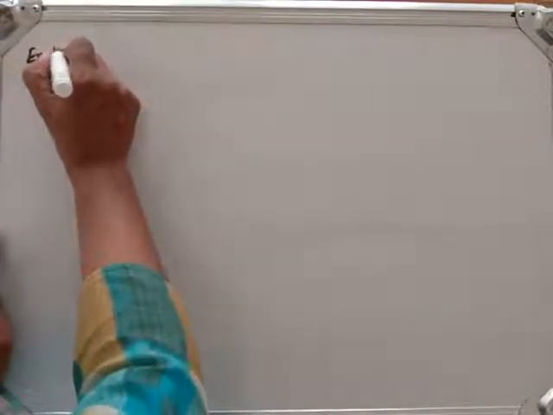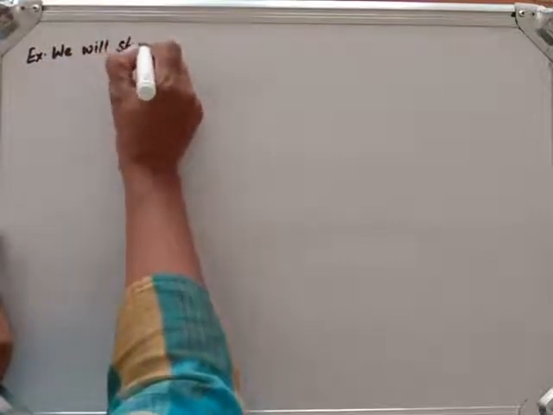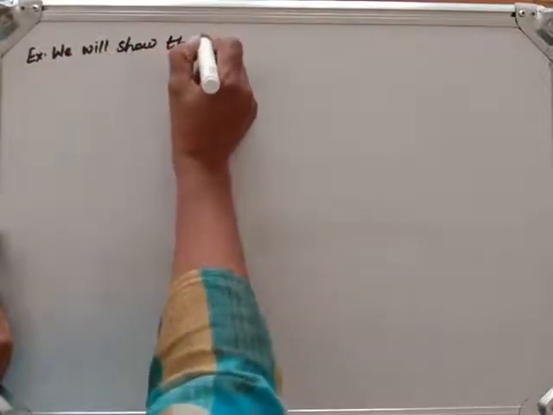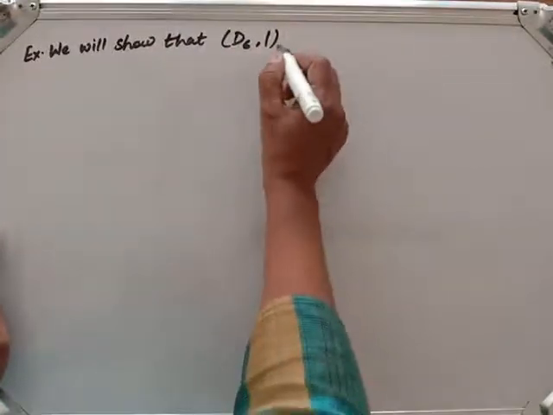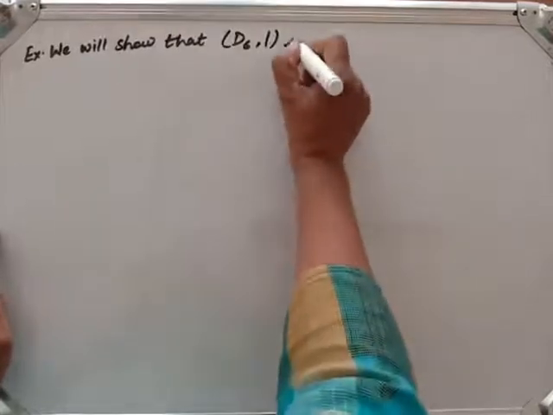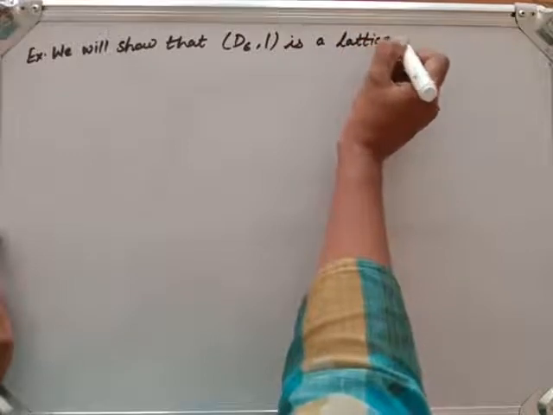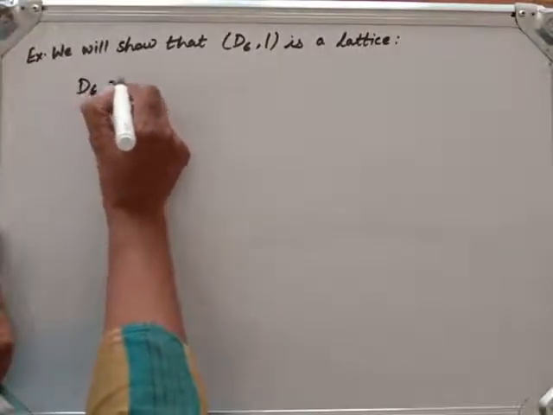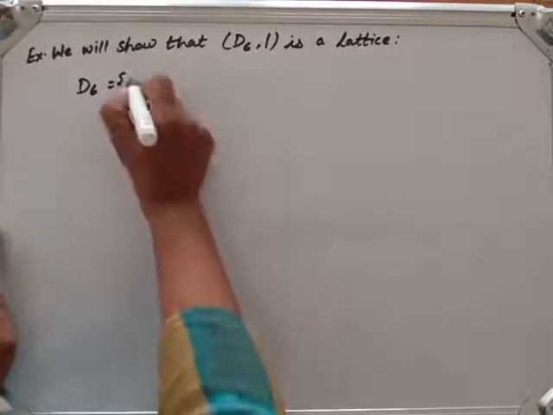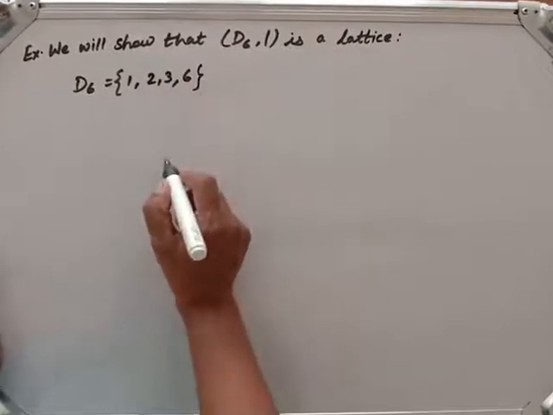So, example: we will show that D6 with the divisibility relation is a lattice. Let us show it. So what is D6? D6 is the set of all divisors of 6. So 1, 2, 3 and 6 are the divisors of 6.